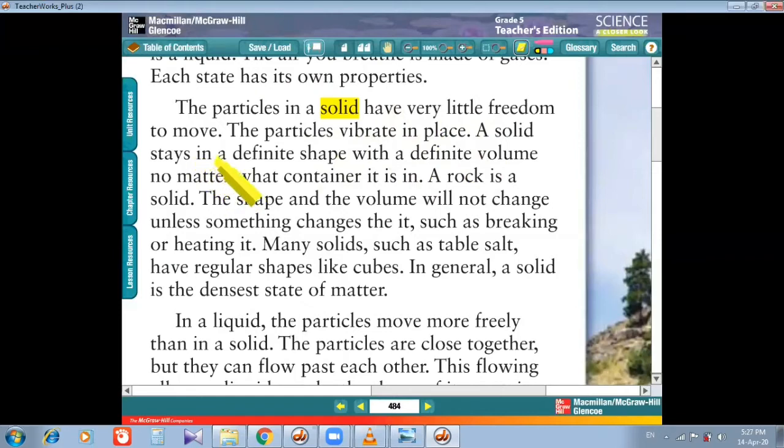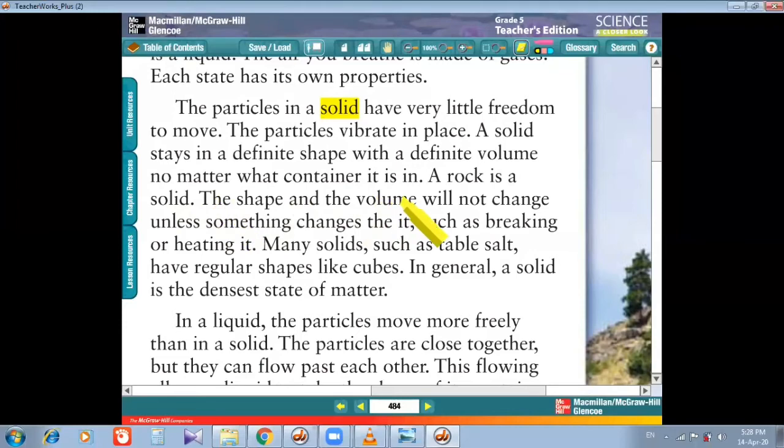A solid stays in a definite shape with a definite volume no matter what container it is in. Means the solids have their own shape, they have their own volume. You keep them in a big container or a small container, they don't take the shape of the container. A rock is a solid, this we know.